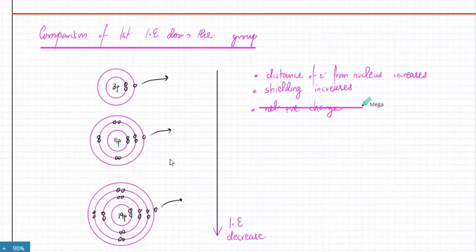What about the fourth factor? The fourth factor was about the number of protons. What's happening there? So it's increasing number of protons. Okay, so is that a factor in decreasing ionization energies? No, I don't think so. So one of the factors actually goes against this. That protons increase, so ionization energy should also increase.